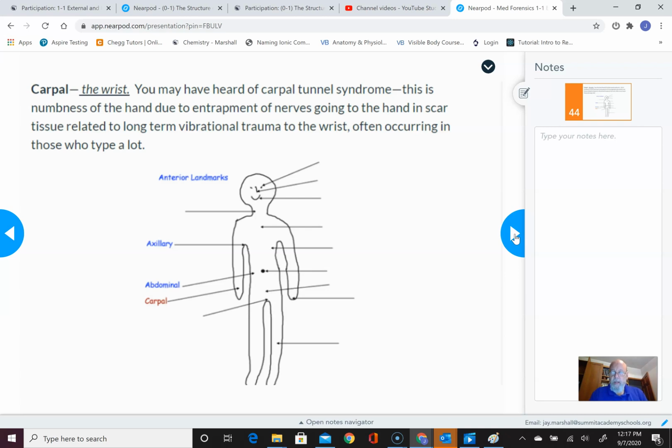And you're all going to have this before you get too much older because of the trauma you're causing your wrists by the vast amount of typing that you do on your phone and your keyboards. So this often occurs in those who type a lot.